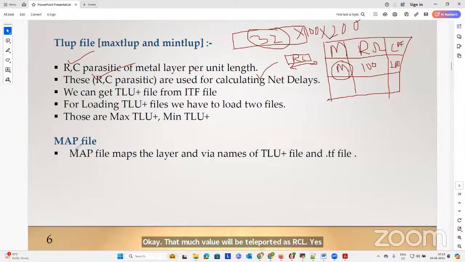Okay, Tarak. Next is the map file. The map file has the layer information and via information.